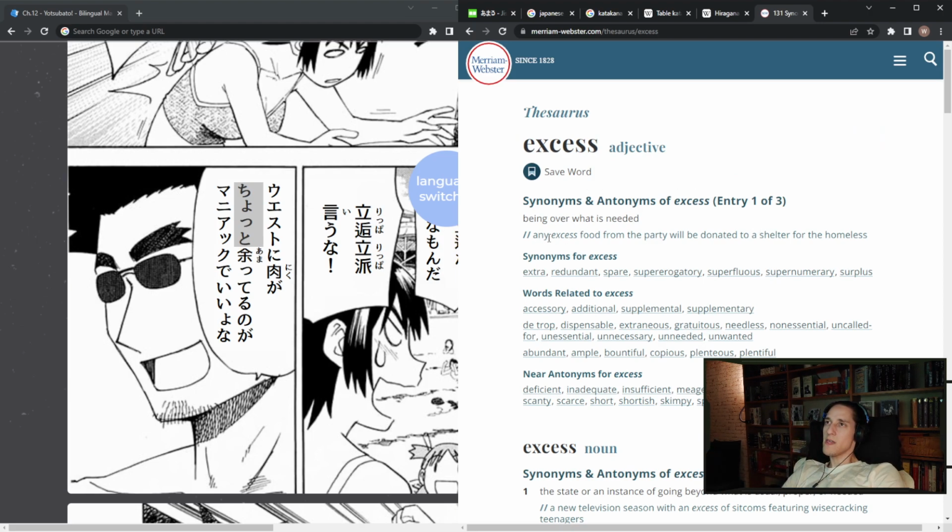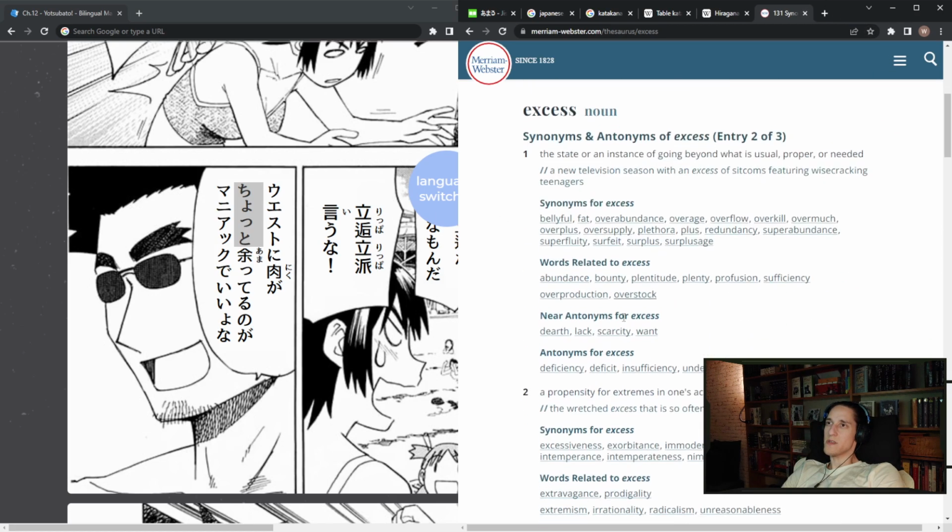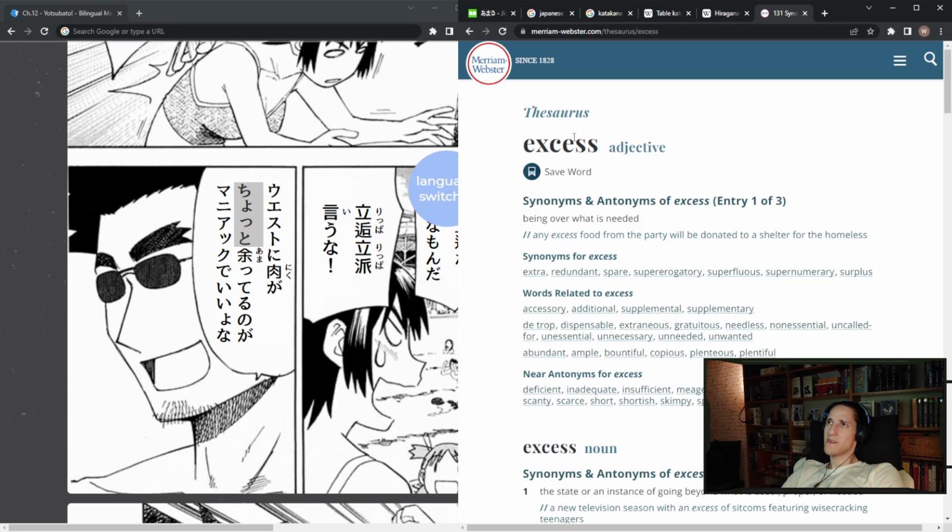Any excess food. Yeah, excess. Although there's no pronunciation here, strangely.